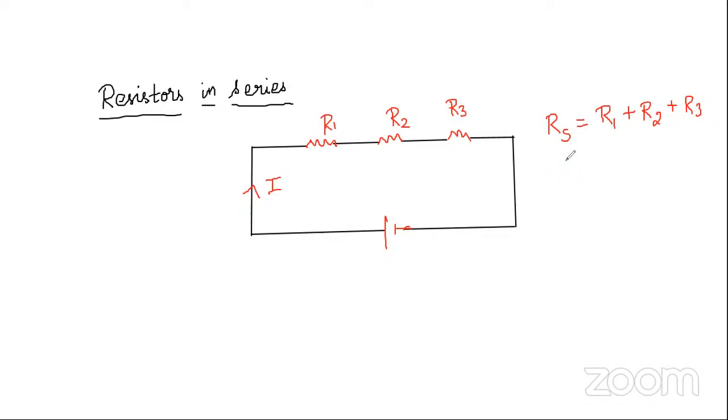In the series combination of resistance, the current remains the same across all the resistors. So this is the concept of resistors in series.